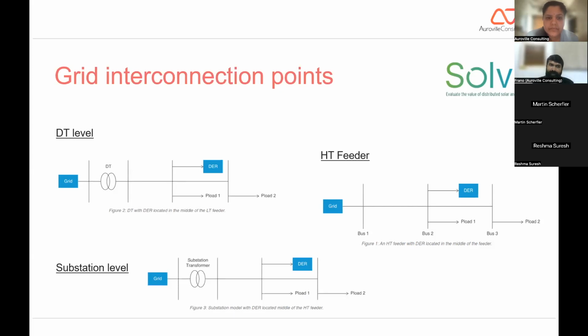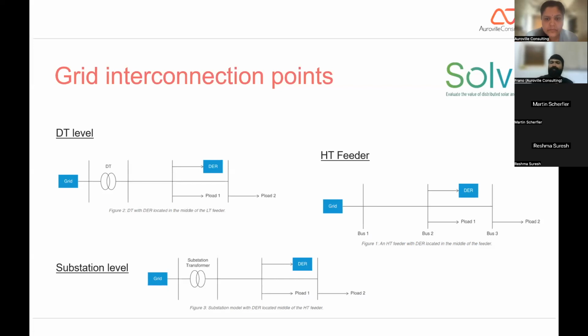To briefly explain, in the SOLVA tool we can carry out an analysis at a distribution transformer level, an HT feeder level, and a substation level to determine the impacts of DER, while giving the user the option to place the DER at the sending end, the middle, or the tail end of the network. We will go through a little more detail on the power flow analysis when we do the simulation at the end of the session.